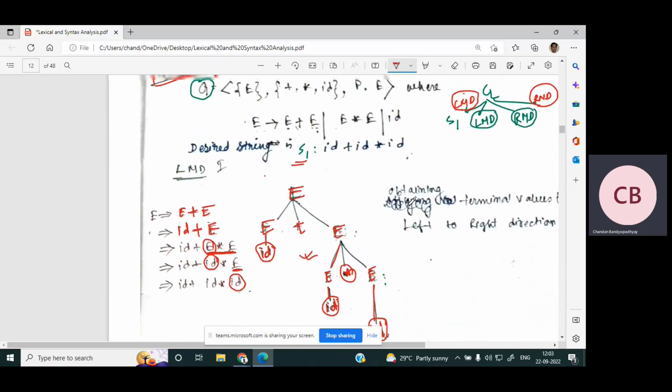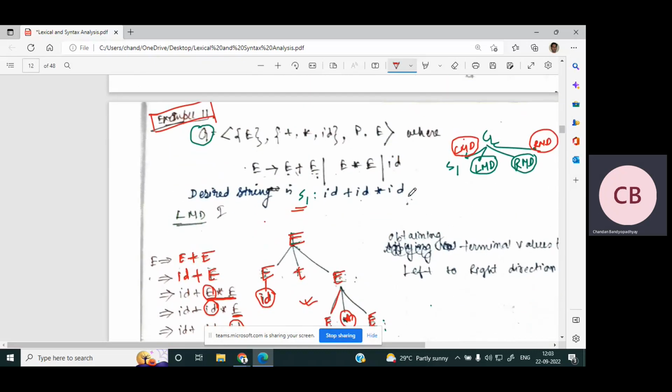Now, one question may come into your mind: sir, how to generate the tree every time, or for which string should I test? That is very important. If you had taken a different string which does not belong to the grammar G, then whatever testing methodology you follow, definitely it will be incorrect.